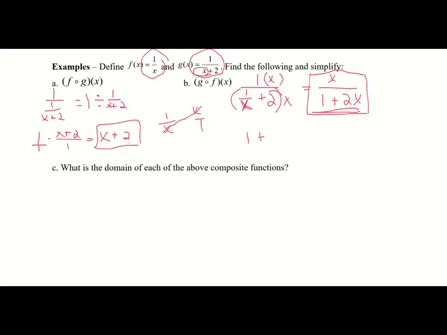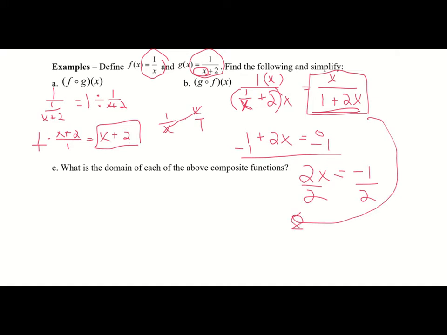So the domain will be all real numbers except whatever turns this expression into 0. So if I solve this for x equal to 0, I'm going to end up with 2x equals -1, divided by 2.